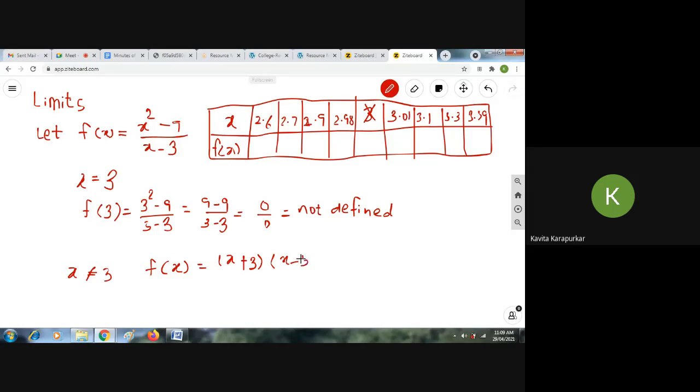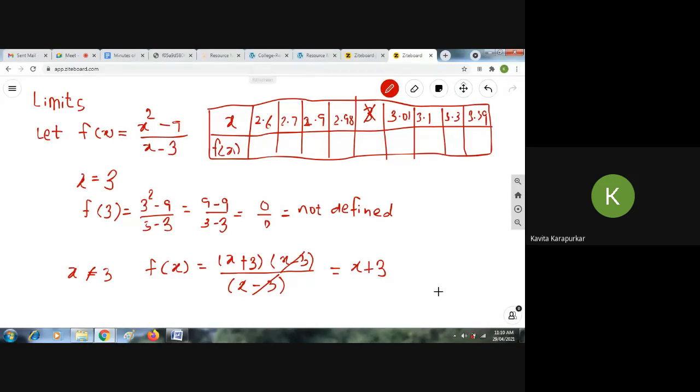Initially in the function, this was not done because x was any real number. Now I have taken x as not equal to 3 and any other real number. So that is why I can cancel out this x minus 3 from the numerator and denominator. And you observe that we are left with only x plus 3.